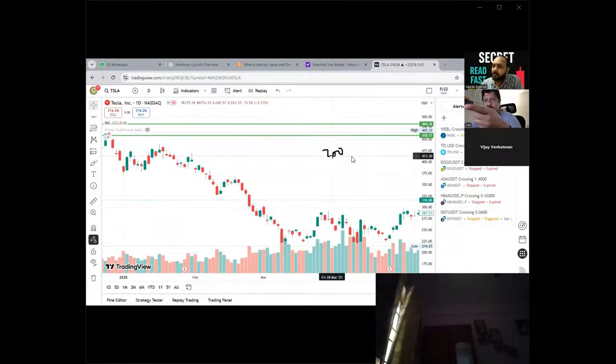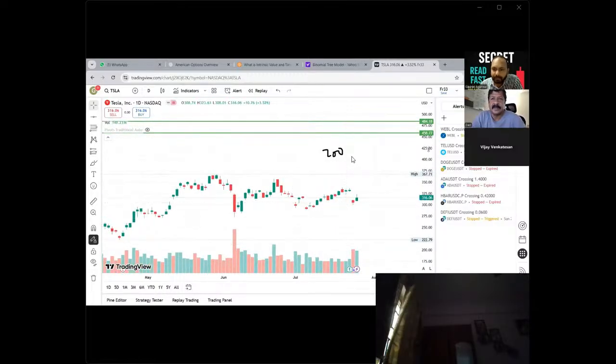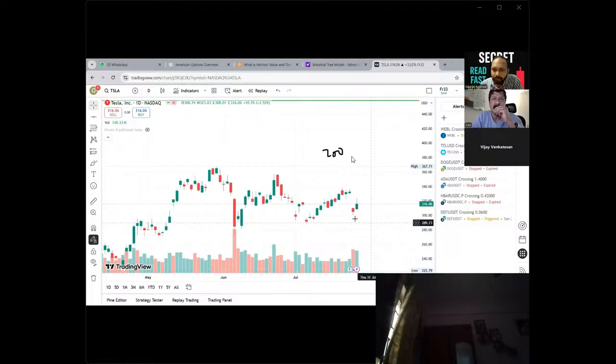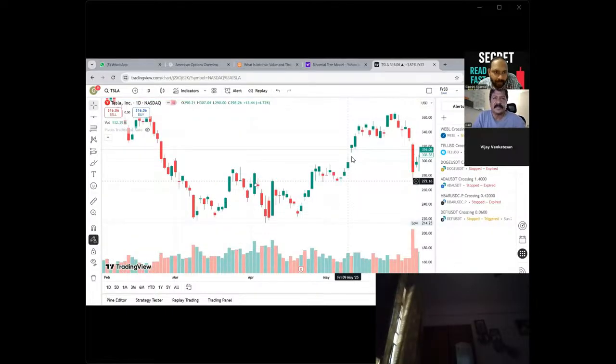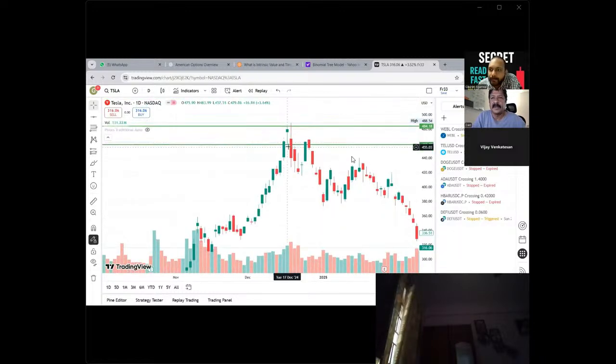So here in this chart, Gaurav, in the rightmost section, there is a green color candle formed, right? Which date are you saying?